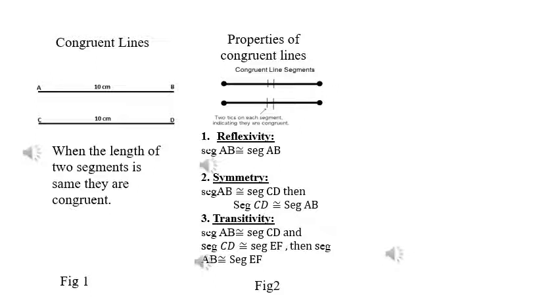I'll repeat, segment AB is congruent to CD and segment CD is congruent to EF, which is one more segment which is not given here, but we are assuming that CD is congruent to a third segment which is EF. Therefore, we can directly state that segment AB will also be congruent to segment EF. This is known as the property of transitivity.